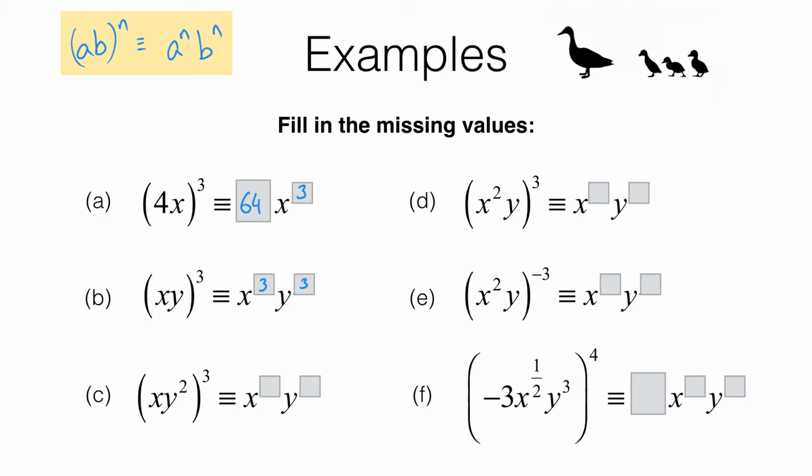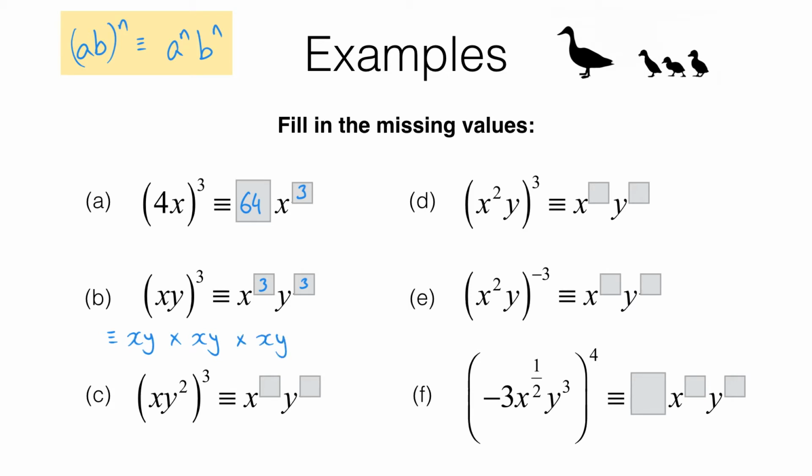But if you ever forget, or if you want to try and understand what's really happening, we can use a slower method that involves going back to things you already understand. We know that xy all raised to the power of 3 is simply going to be xy multiplied by xy multiplied by xy.